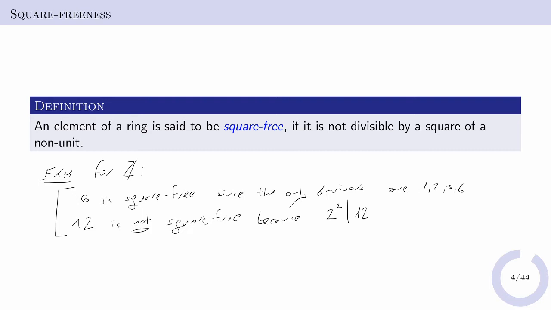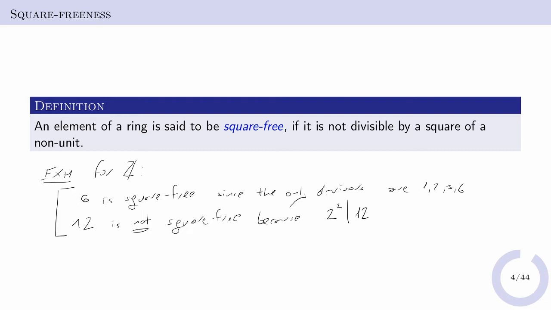If we factorize the integer into prime numbers, then this integer is square-free if and only if all the primes in this factorization appear in the first power. In case of 6 we have 2 times 3. Both primes appear at their first powers, so 6 is square-free.